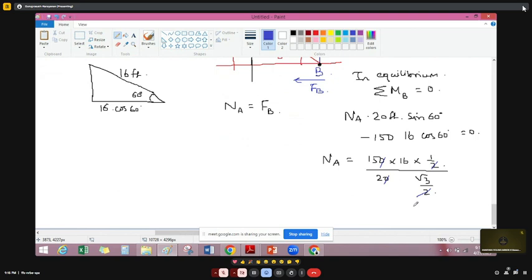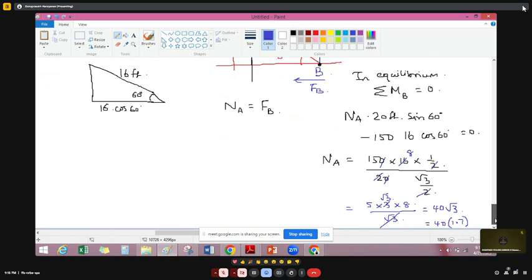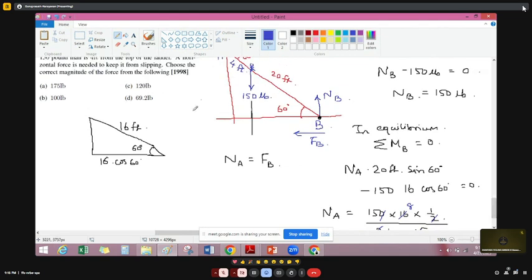Root 3. I can write it as 5 into 3 into 8 divided by root 3, so that I can cancel this root 3 and this root 3. So I'll get 40 into root 3, 40 into 1.7 something, which gives something close to 68.